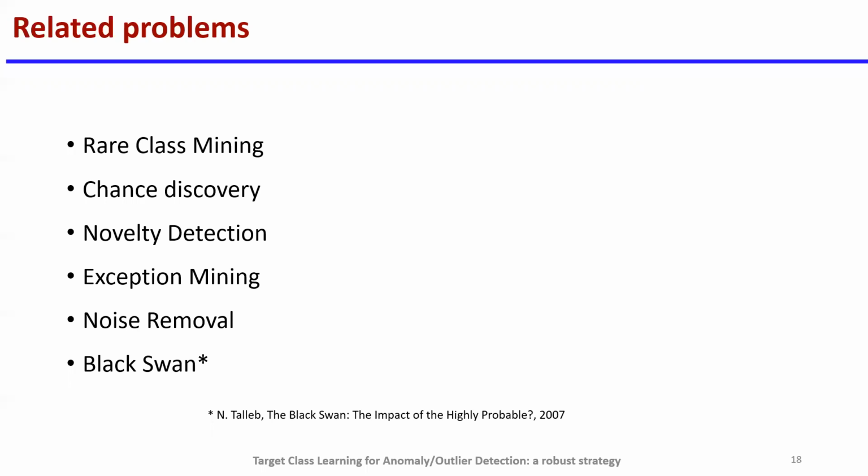But if within that we have something very unusual, for example a black swan, that can really be identified as an anomaly. We will be considering some of these examples in the rest of the tutorial.